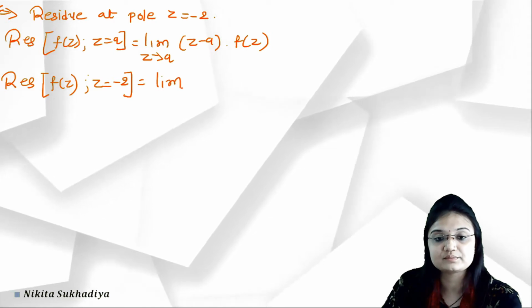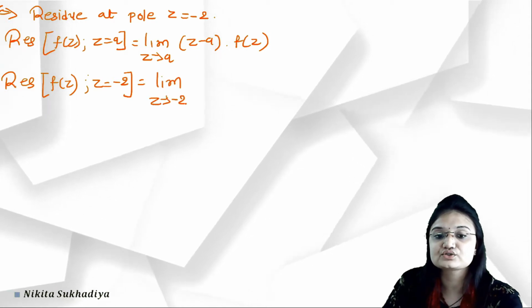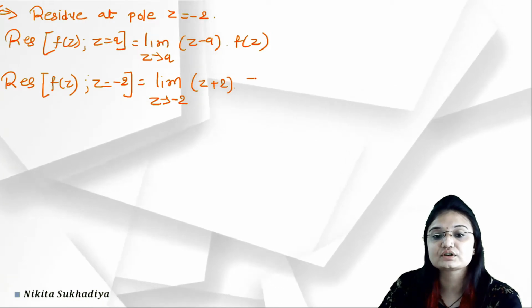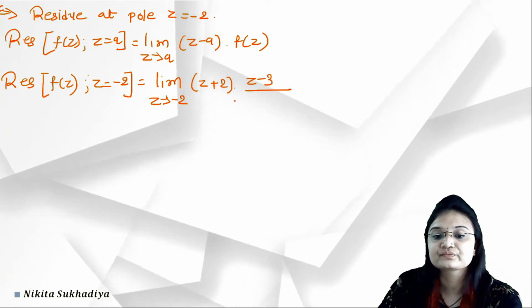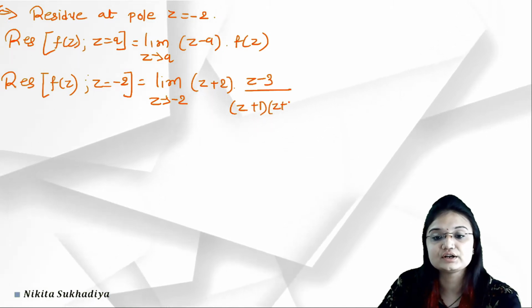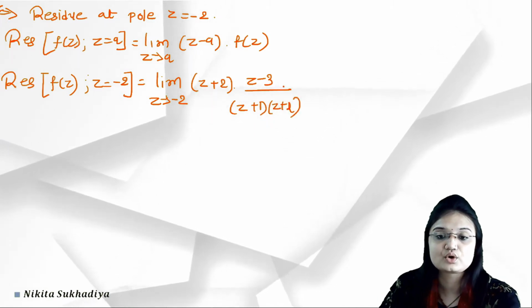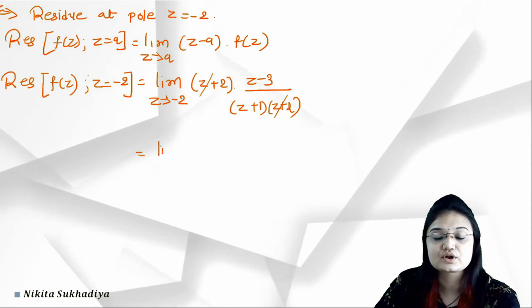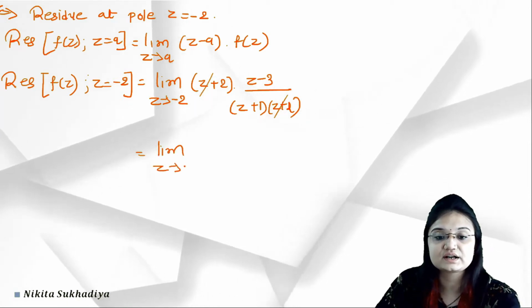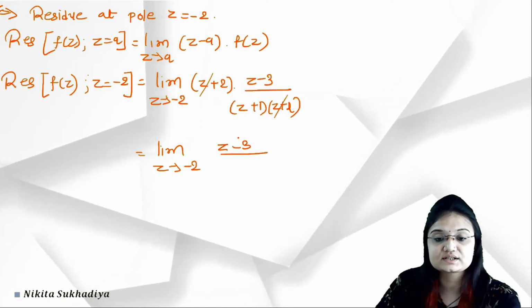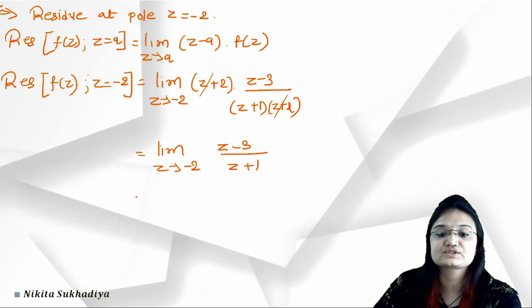So this will become limit z tends to minus 2, z plus 2 into the function, that is z minus 3 upon z plus 1 into z plus 2. So this z plus 2 and z plus 2 cancel out. So we will get limit z tends to minus 2 of z minus 3 upon z plus 1.